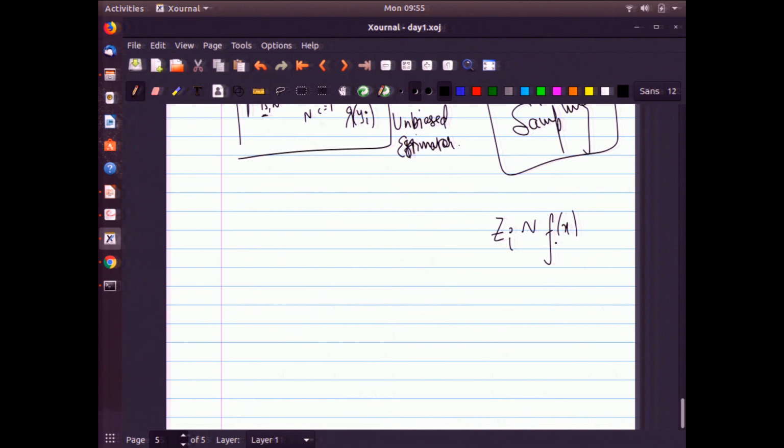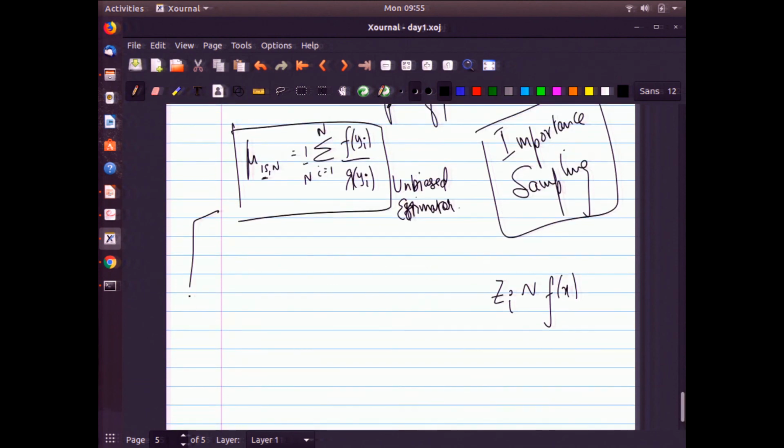So let us blindly replace this in the previous formula. What do you get then?